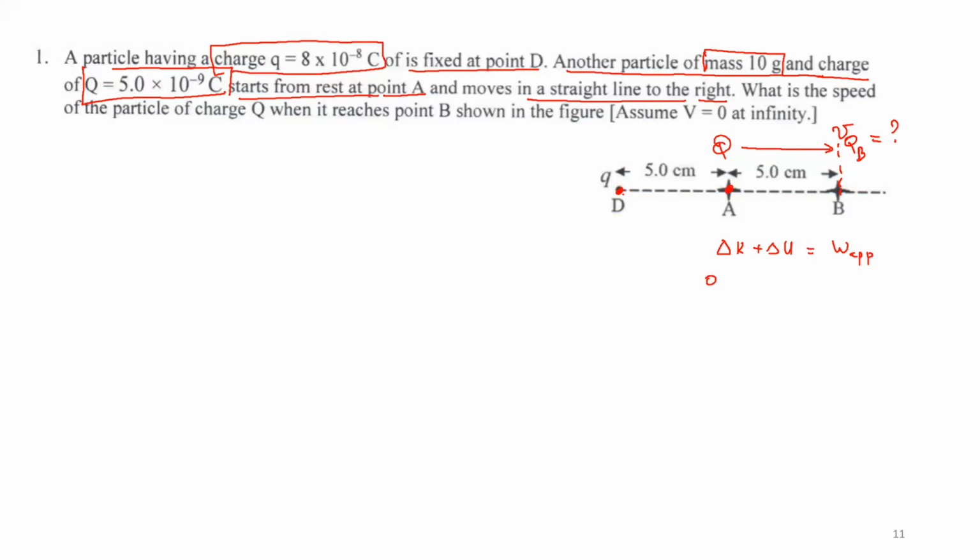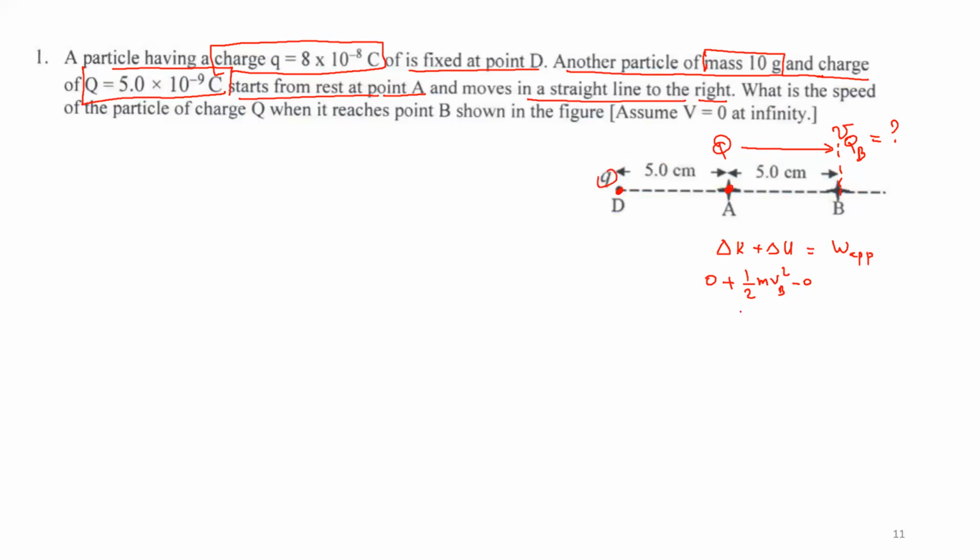It does not have any delta K, 0. Now plus delta K of the particle B. Of course, the particle B will have a final kinetic energy of half m, it has a mass, VB squared, and its initial kinetic energy is 0 as well. Okay. This is delta K, the change in kinetic energy for this and this.